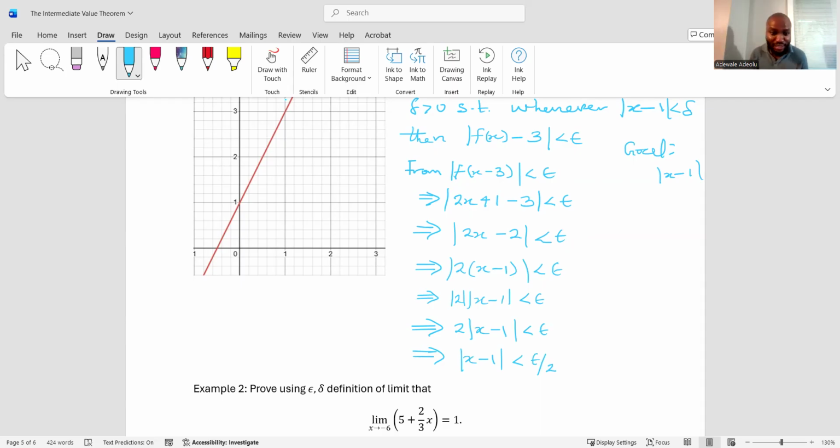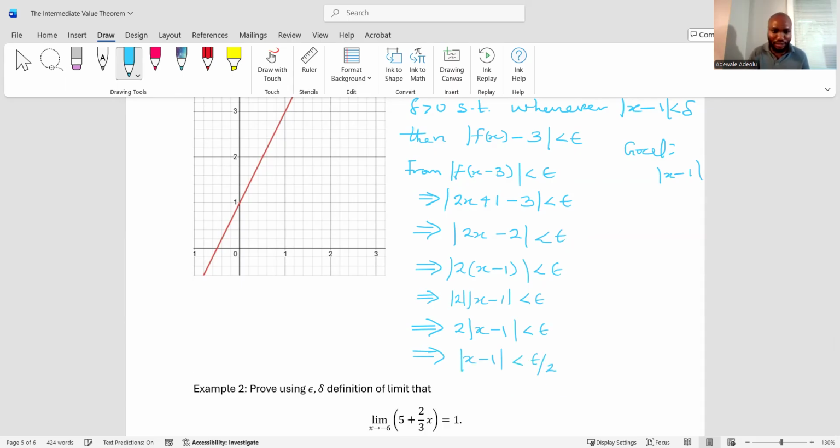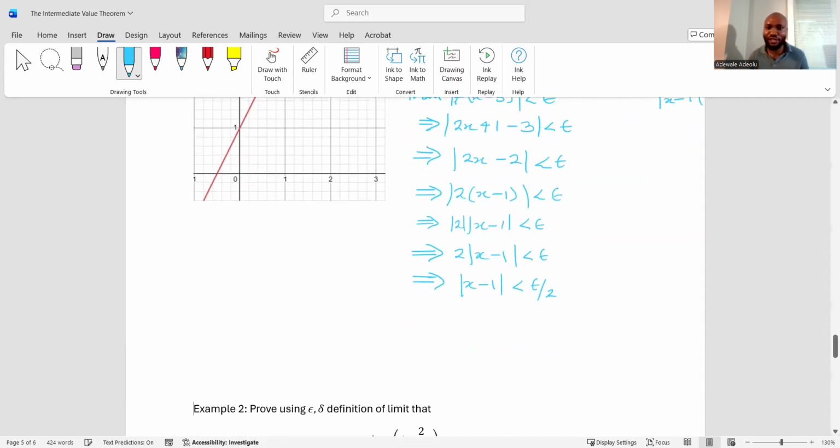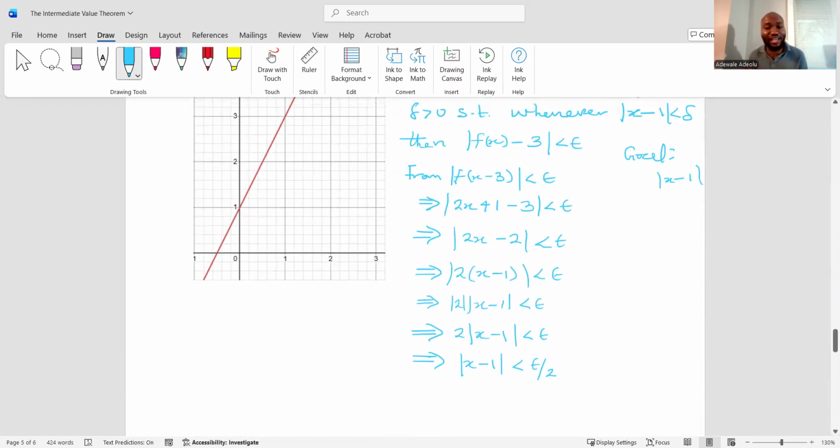I've been able to write that situation in a way that I would have that x minus 1. It is not every situation that will be this easy to write. But for the purpose of this class, I just want to show you the epsilon delta definition of limit.